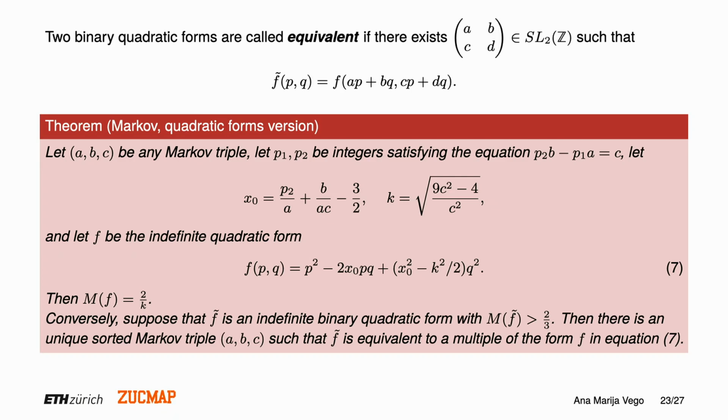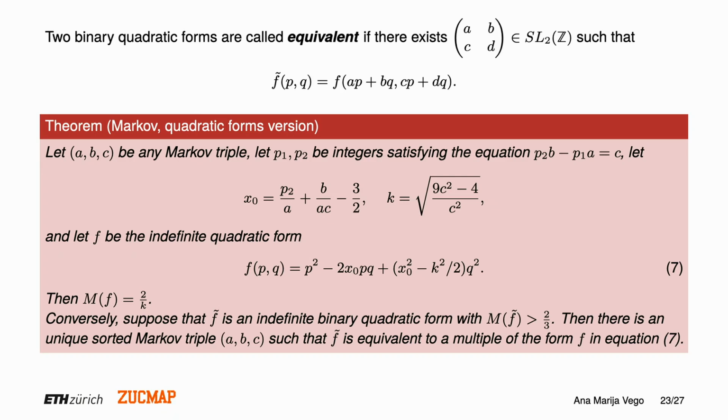So Markov's theorem, if you look at both the quadratic forms version and the Diophantine approximation version, says that there's a direct correspondence between Markov triples and, on one side, equivalence classes of badly approximable irrationals, and on the other, equivalence classes of indefinite binary quadratic forms with certain properties of how well they can be bounded from below.